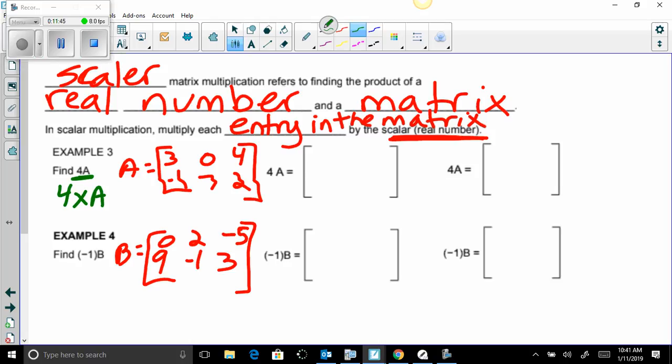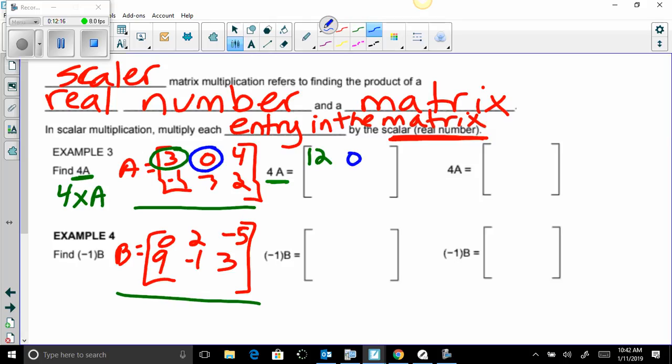So I went ahead and wrote it here so we didn't have to keep going to look up above. So 4 times A. We are multiplying every single entry inside your matrix by the number 4. So if I look at the first entry, I'm not going to have enough room here to write that actual step, but 4 times 3 is 12. 4 times 0 is 0. 4 times 4 is 16.